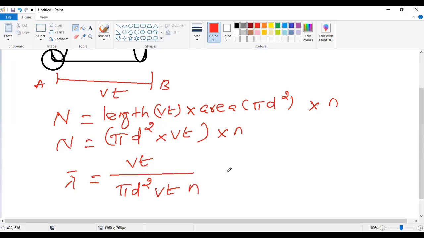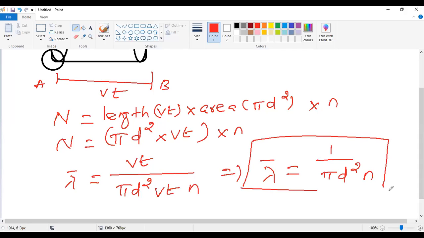The vt cancels, and I will get lambda bar equals 1 by pi d square n. Using this formula, we can calculate lambda bar, the mean free path of gas molecules.